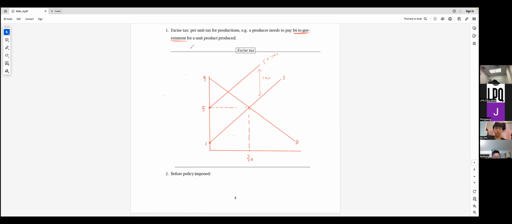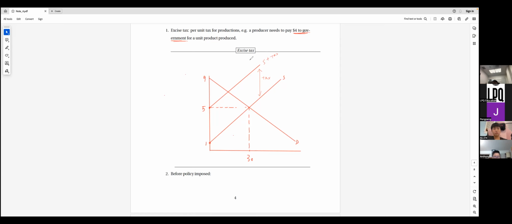The answer is as long as you maintain the vertical distance between the two supply curves equal to the size of the tax given by the question. So you students don't need to worry about how to calculate how much tax the government should add, because the size of the tax is given by the question.